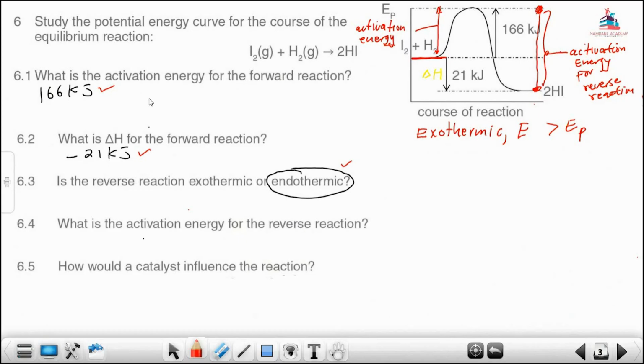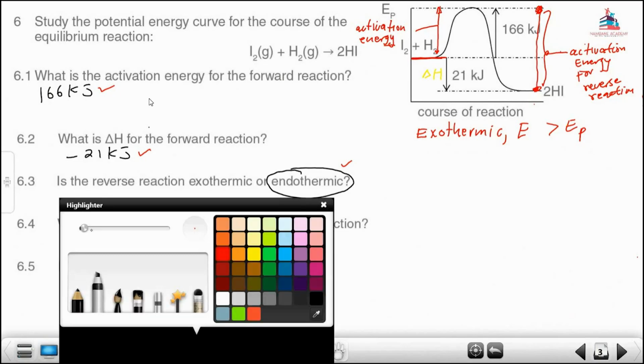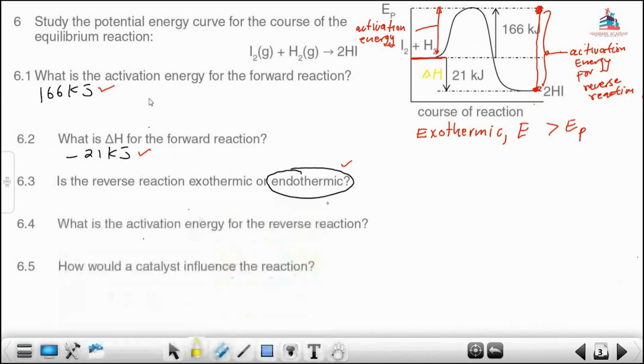We agreed that this section here is the section of the activation energy of the reverse.